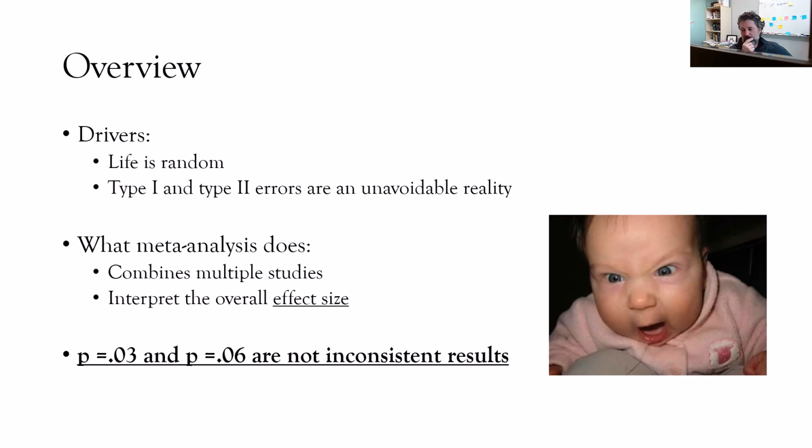This angry baby on the bottom here reflects my reaction one time when we handed in some studies, and the reviewer said, well, this time it was 0.03, so 3 times out of 100 you would get something this extreme by chance alone. But when you repeated it, you got a 0.06, so 6 times out of 100 you would get something this extreme by chance alone.